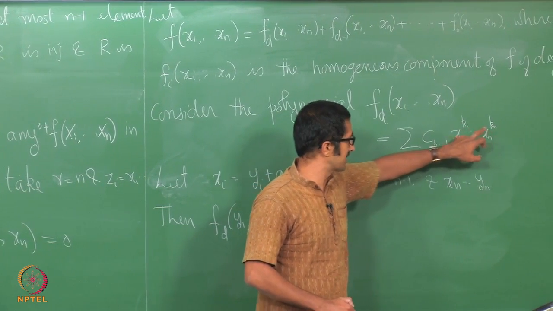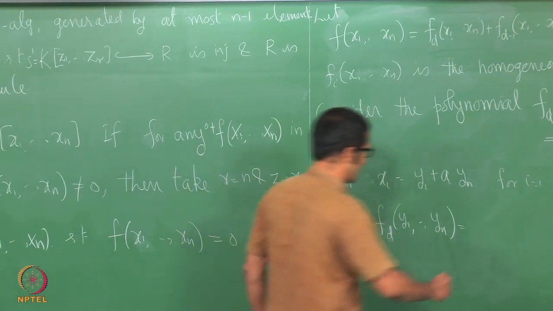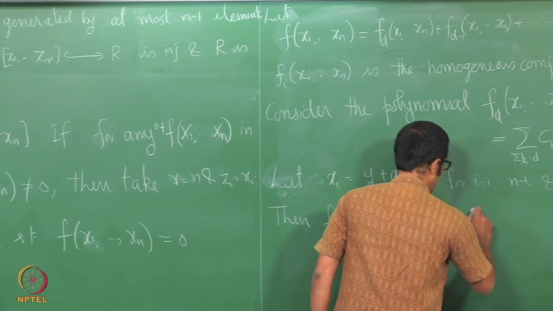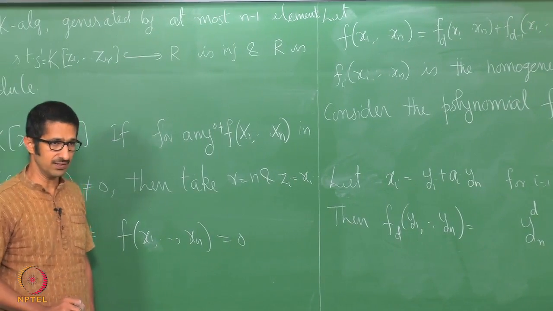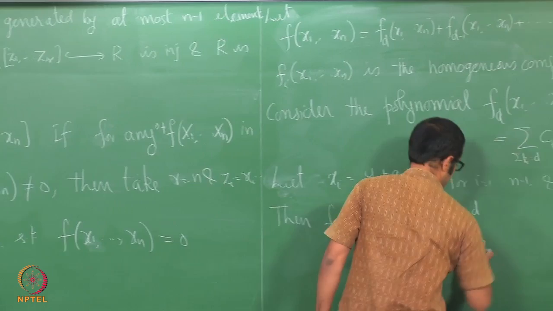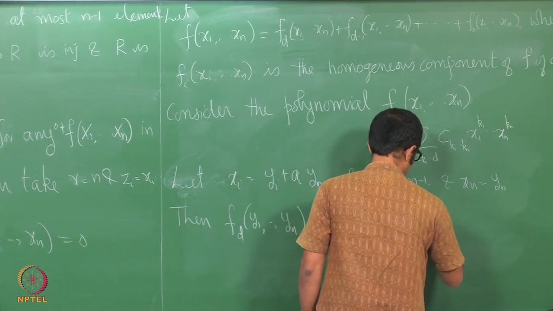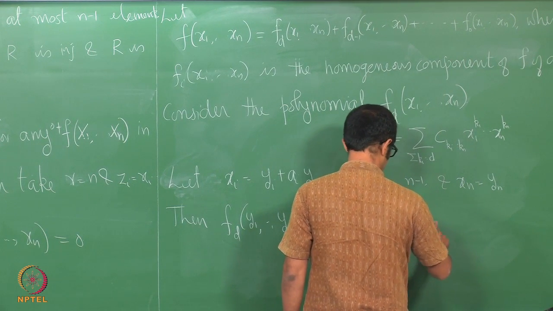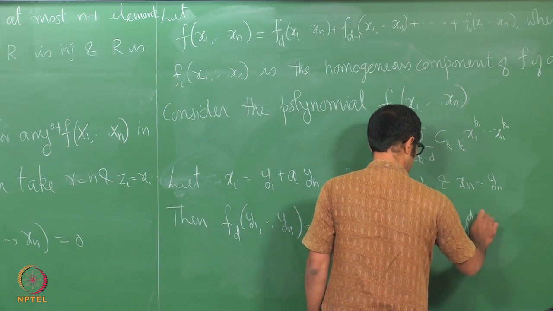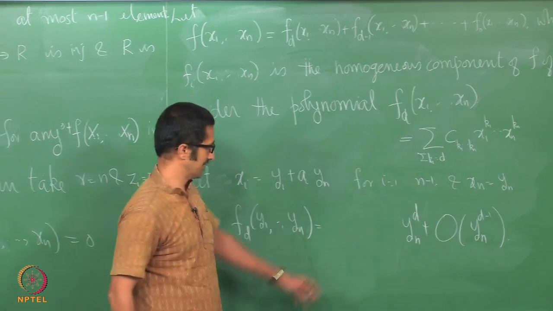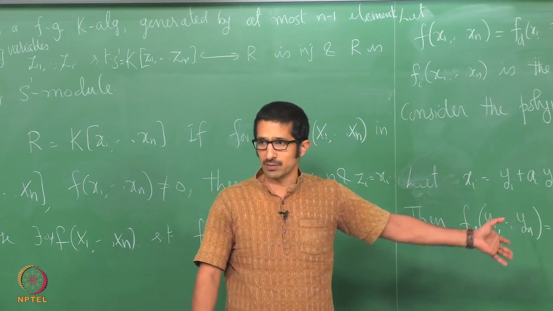The degree is d, right. So the highest degree will be yn power d, plus lower order terms, yn power d minus 1 and below, with coefficients coming from y1 up to yn minus 1.